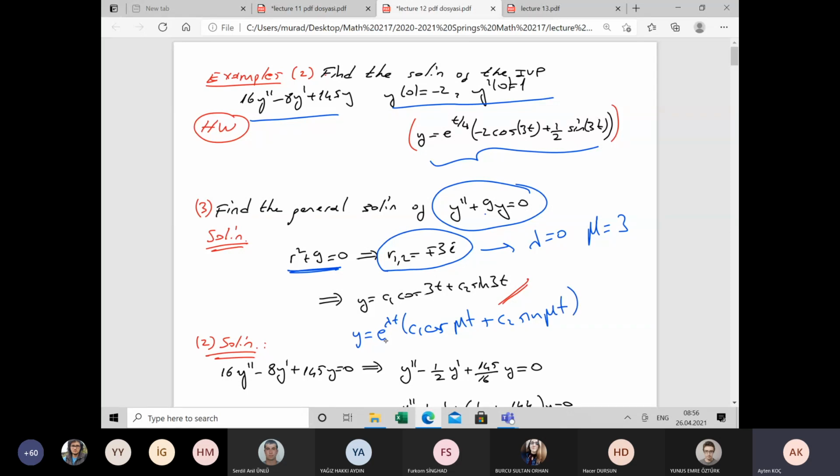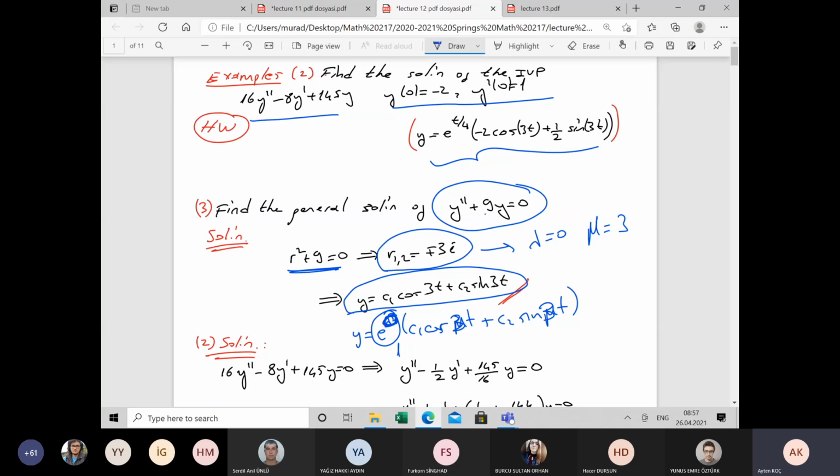Lambda is 0, and substituting, e to the 0 is 1, cosine 3t and sine 3t. So y is c1 cosine 3t plus c2 sine 3t. It's okay, the general solution.